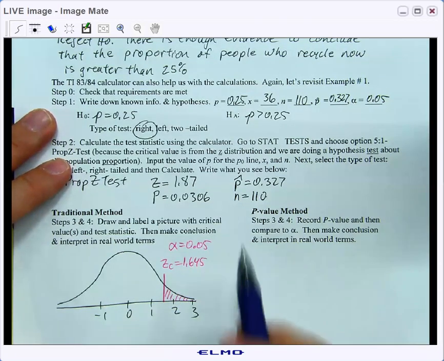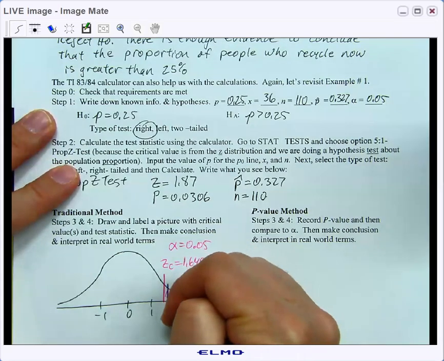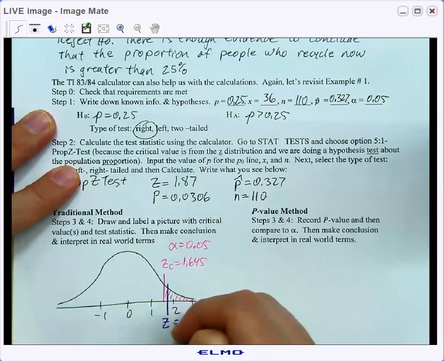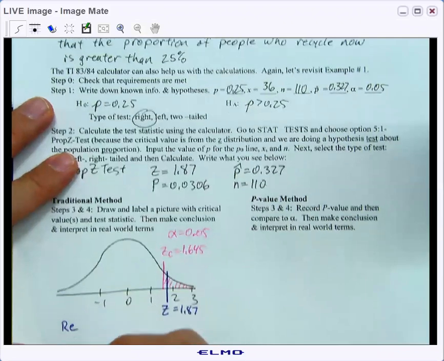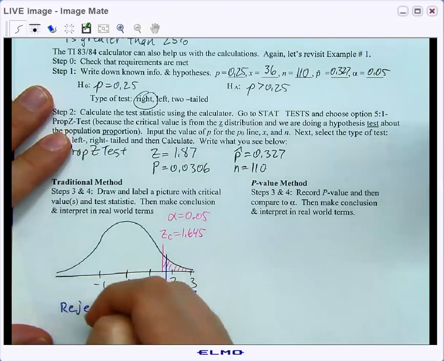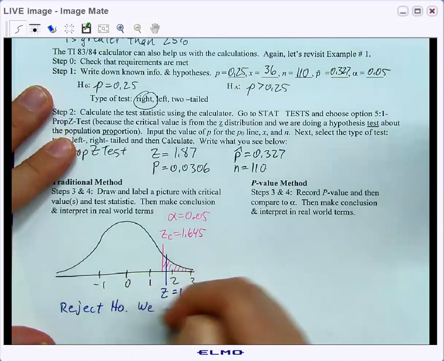We would then take the information from the calculator, which tells us what our test statistic is, z equals 1.87, and that landed in the critical region, so we will reject H naught.